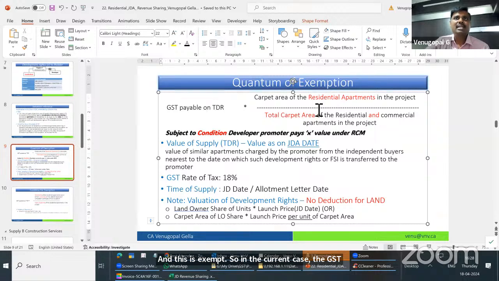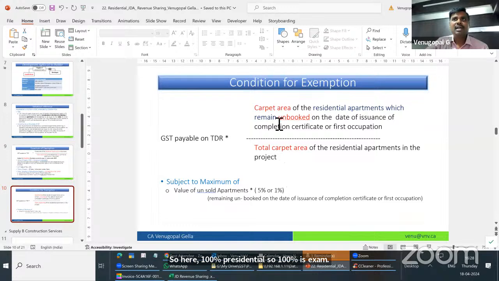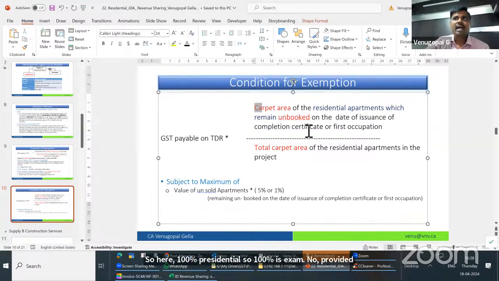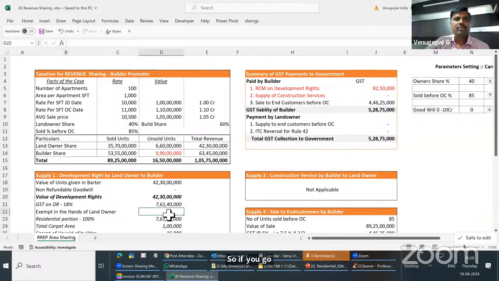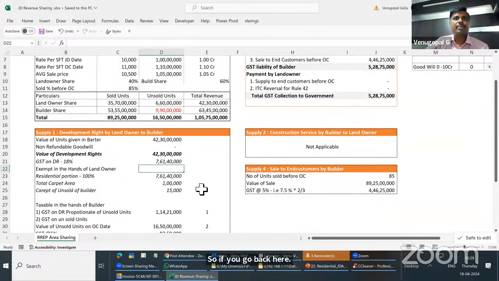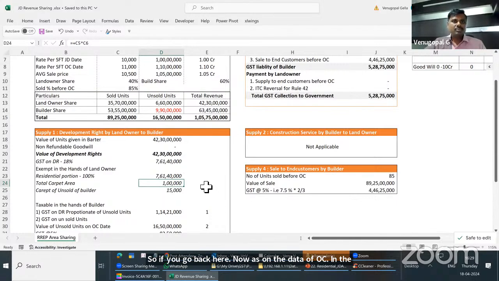Here it is 100% residential, so 100% is exempt, provided the developer pays under RCM. There are two conditions that we have seen. One, the carpet area of unbooked units to the carpet area of the residential. As on the date of OC, the total carpet area in the project is 100 units at 1000 SFT each, so 1 lakh is the total carpet area.